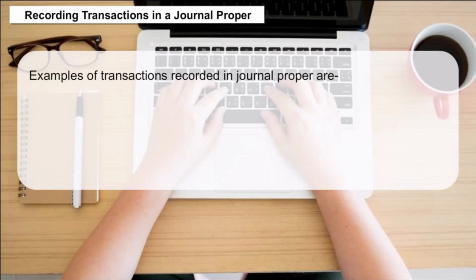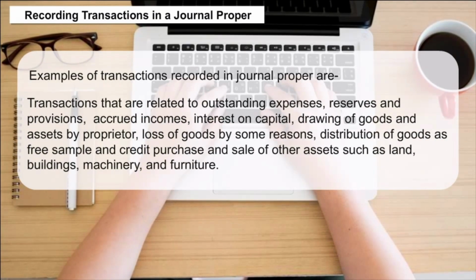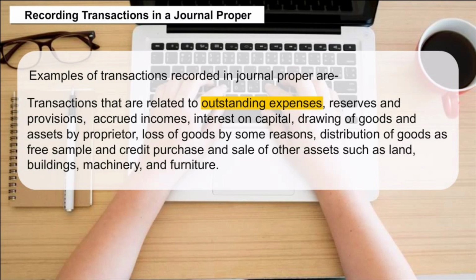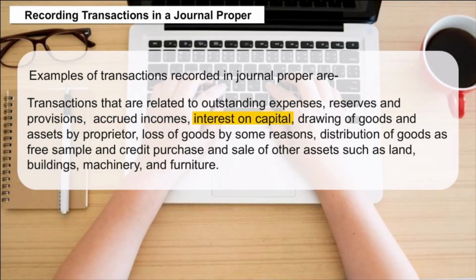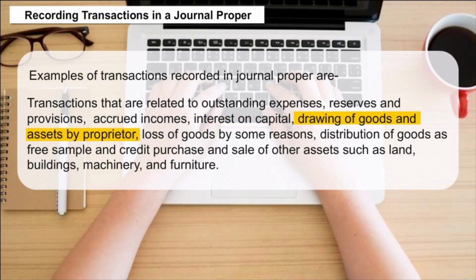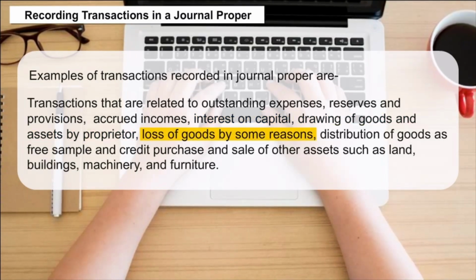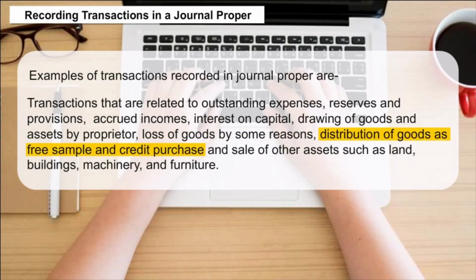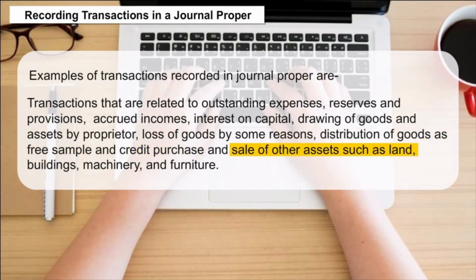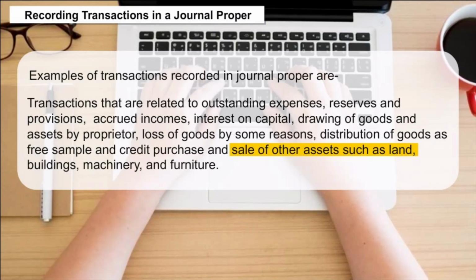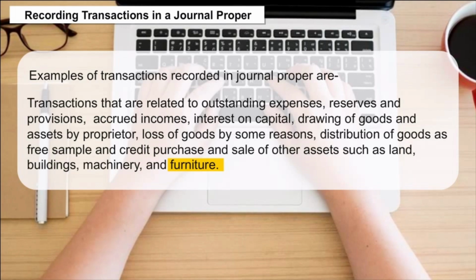Examples of transactions recorded in journal proper are transactions that are related to outstanding expenses, reserves and provisions, accrued incomes, interest on capital, drawing of goods and assets by proprietor, loss of goods by some reasons, distribution of goods as free sample, and credit purchase and sale of other assets such as land, buildings, machinery and furniture.